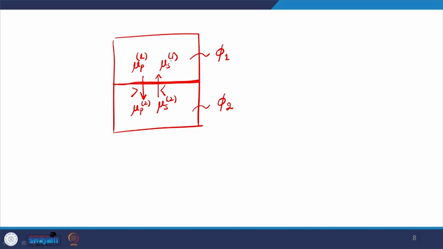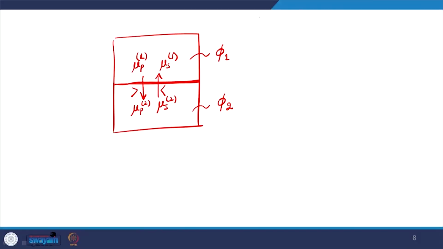So, in this case solvent will go in this way because I am still going from a high chemical potential of solvent to low chemical potential of solvent, because in the second phase the chemical potential of solvent is more, right. So, ultimately we are interested in the gradients of these chemical potentials, because it is these gradients that dictate in which direction the transfer will take place, right.